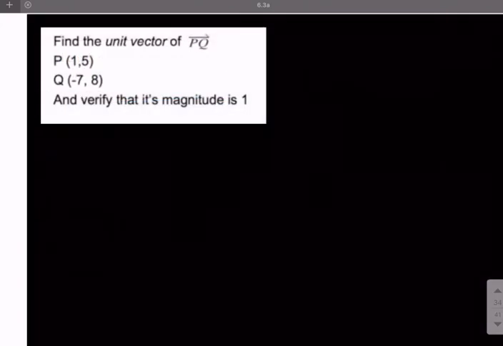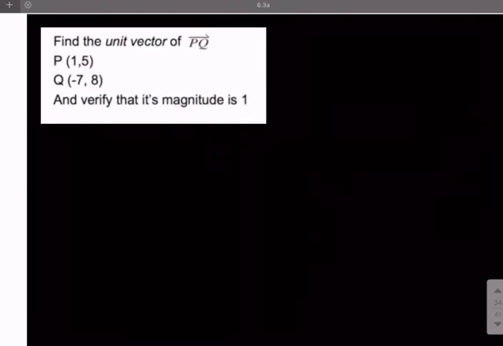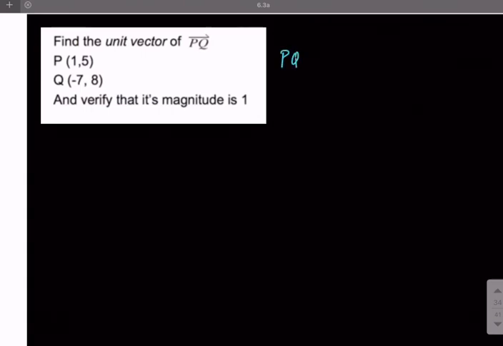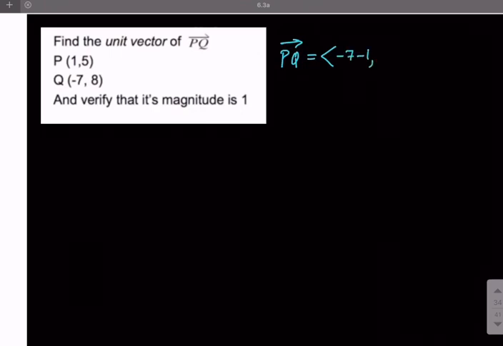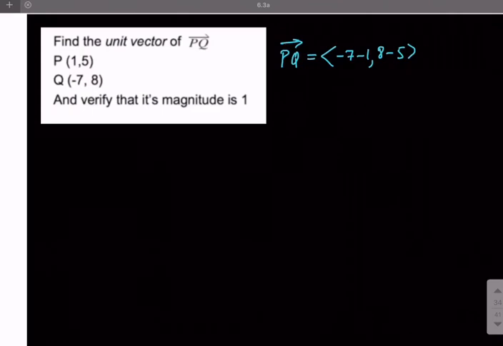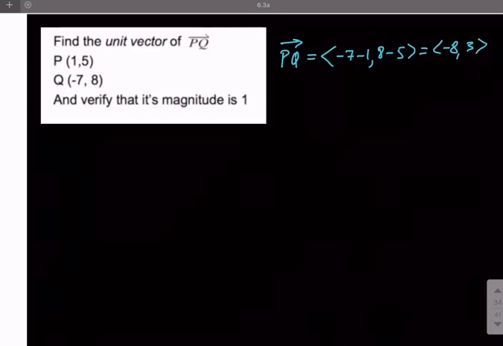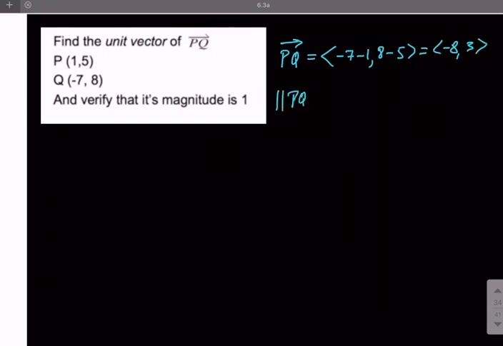So for this problem we need to find the unit vector of PQ. So let's first find actually PQ, the vector PQ. The vector PQ is going to be nothing else other than negative 7 minus 1, comma 8 minus 5, which is (-8, 3). Now we need to find the magnitude of this vector.